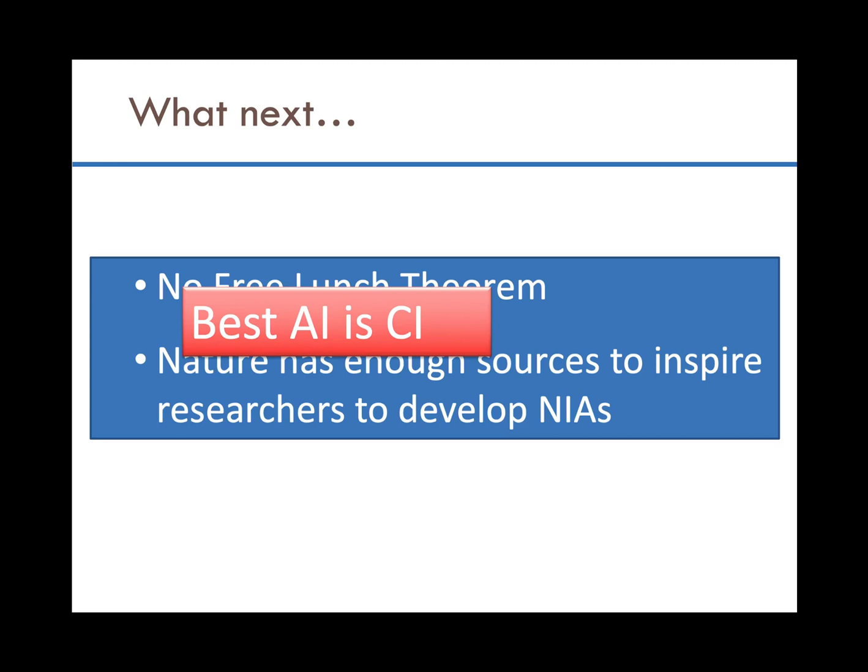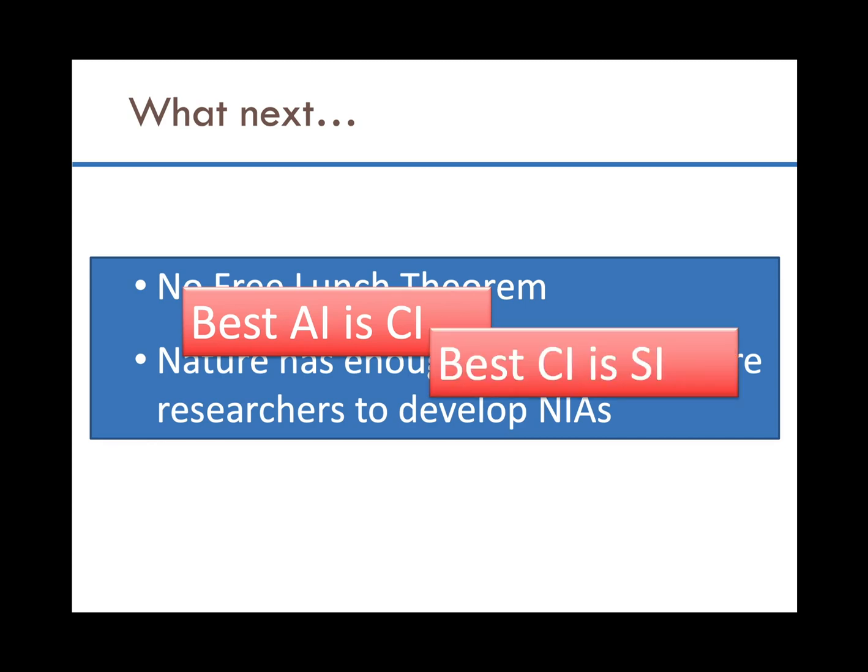I say that the best AI is CI, the best artificial intelligence is computational intelligence. Also, I say that out of many CIs, the best CI is swarm intelligence. Thank you very much.